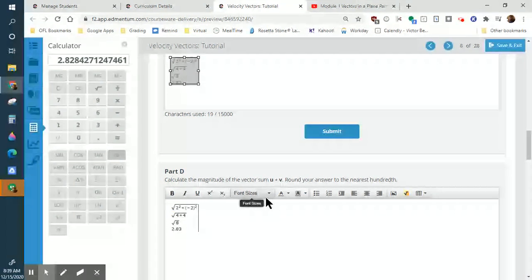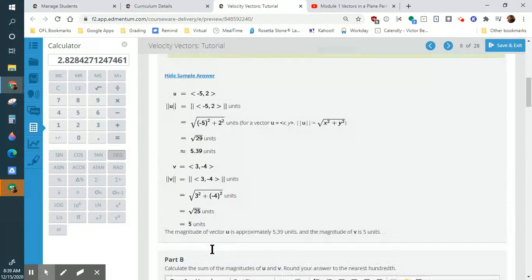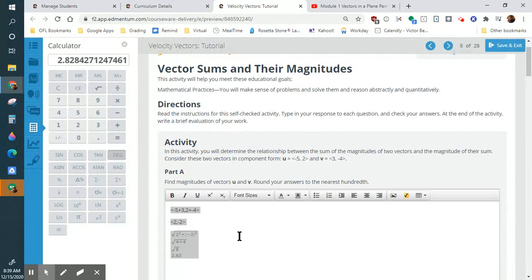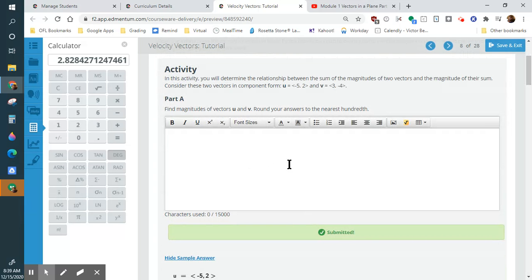So that's here. One is to compare the vectors, you'll need to add up to find what is the sum in component form. So there's that. And this one, we were literally just supposed to find the magnitude. So we already know how to find the magnitude. Read directions, I guess, is the lesson here.